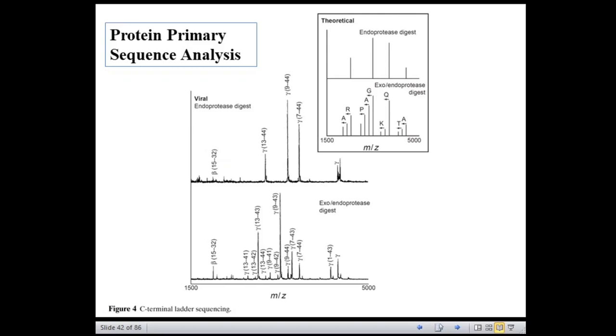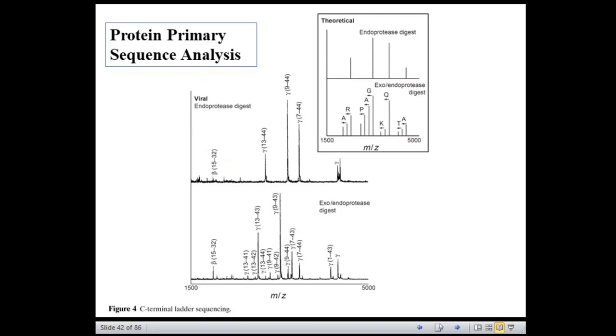Now an extended version of this is the use of exoprotease. This exoprotease cleaves successively from either the N-terminal or C-terminal side of a peptide or protein. Right. So the result is a mass spectrum with peptides differing by one amino acid residue.